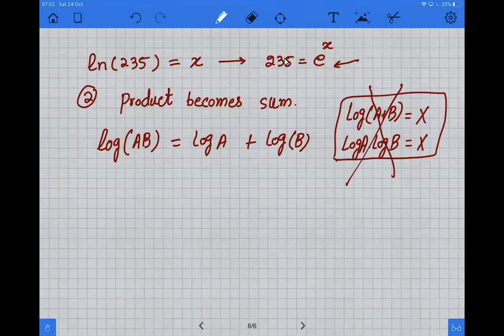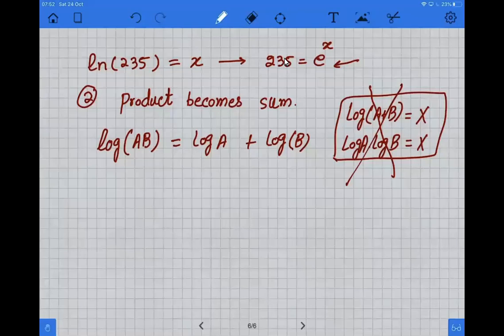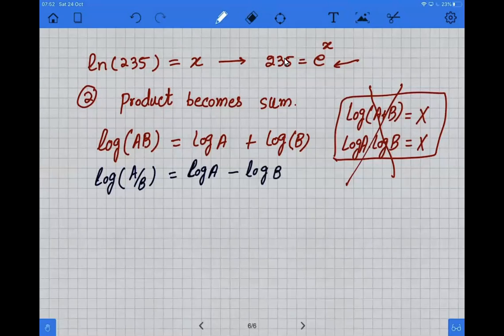So whenever you have log of a into b, it will become log of a plus log of b. In the same manner, if you have log of a over b, it will become log of a minus log of b.